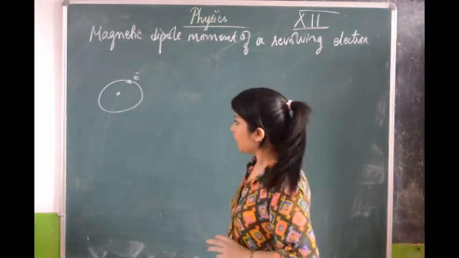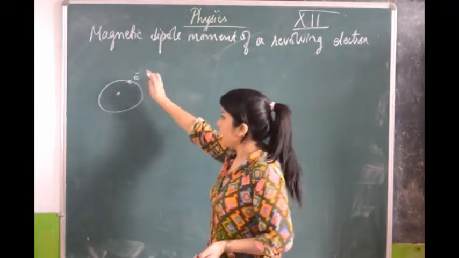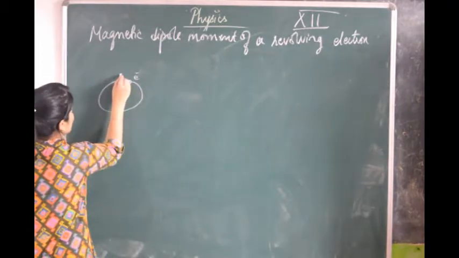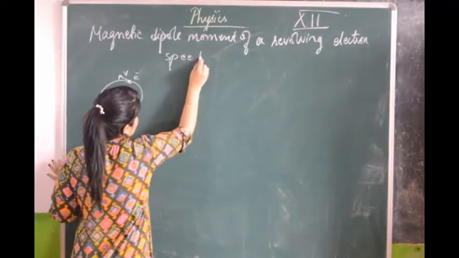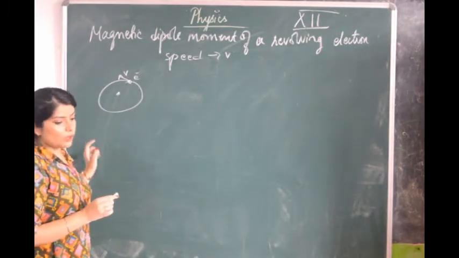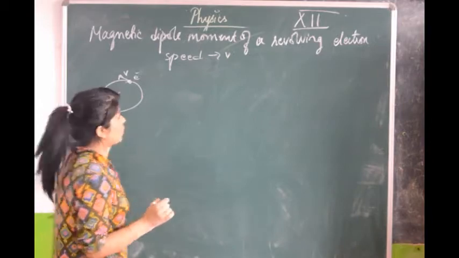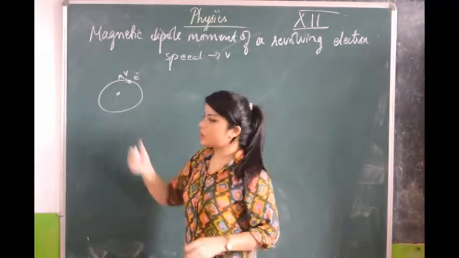Now what we assume here is the electron has charge e, and it is moving with speed v. The speed of the revolving electron is v. It is moving in an orbit anti-clockwise.